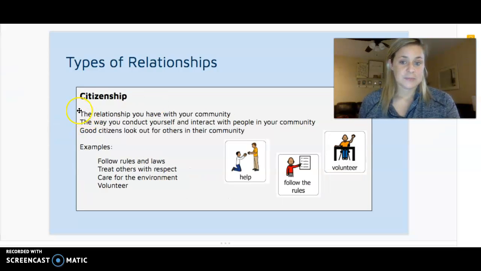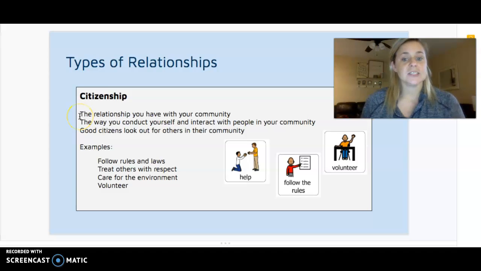Another type of relationship is citizenship, and this is a relationship you have with your community. So your community in McHenry, your community at McHenry High School as a warrior. So it's the way you conduct yourself and interact with people in your community. Good citizens look out for others in their community. So they follow the rules in the laws.